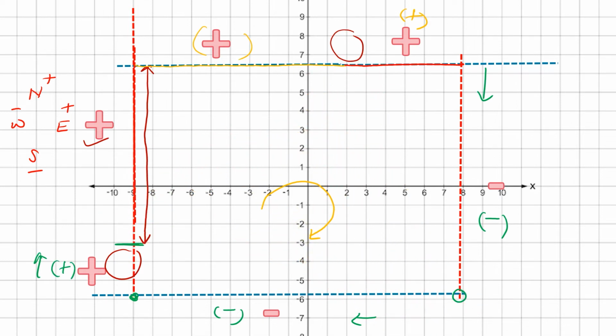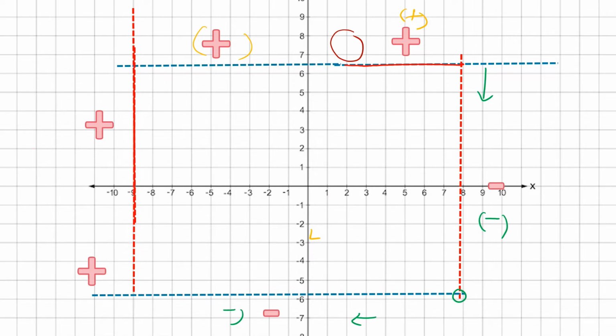And when I remove this traverse, what you see is a rectangle. The unique feature of this rectangle is that its sides are parallel to the x and y axes.